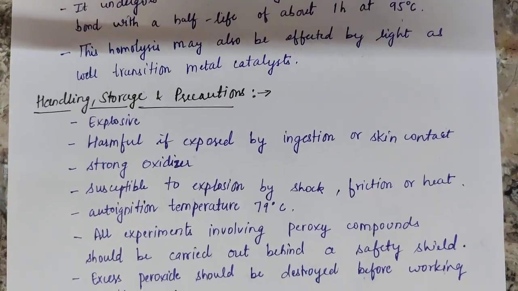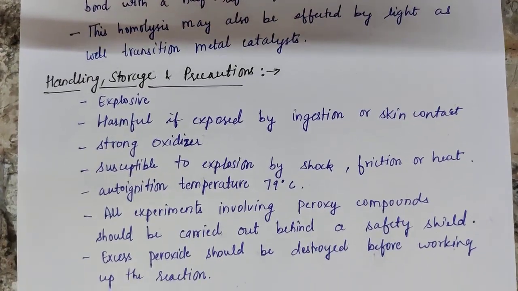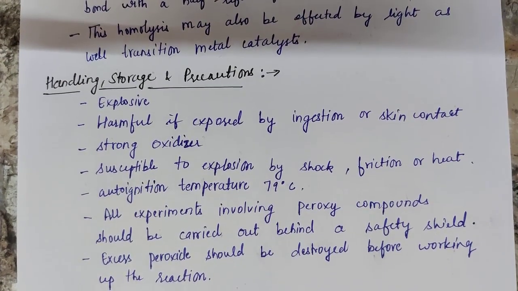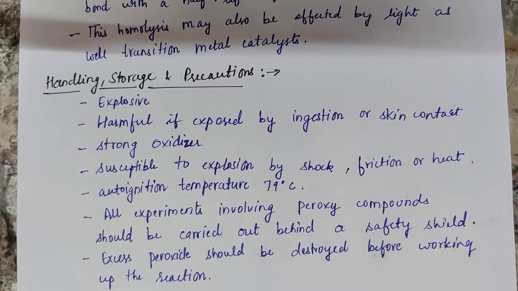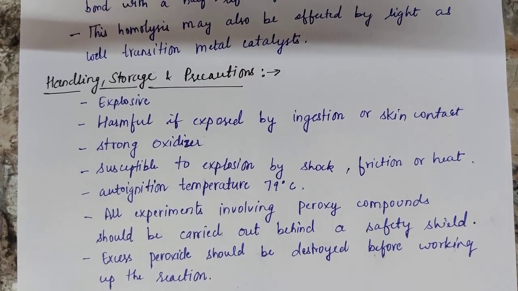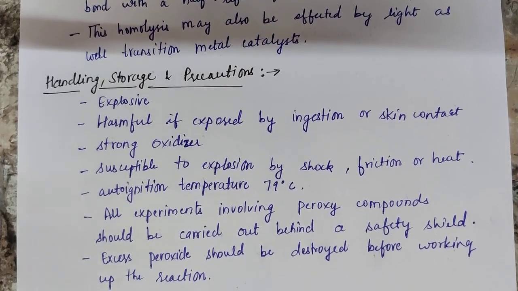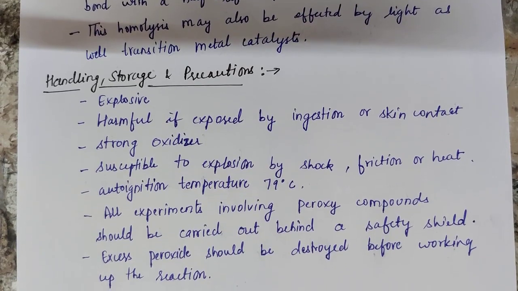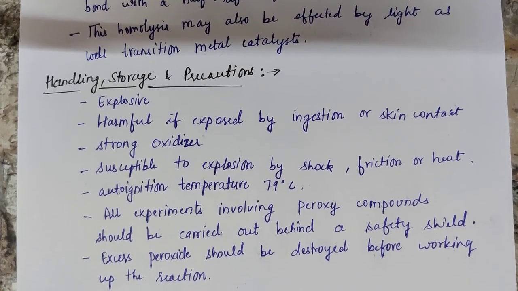If we talk about handling, storage and precaution, it's explosive. All peroxy oxidizing agents, you will find that they are explosive. Again, it is harmful if inhaled or if it is brought into contact with skin.